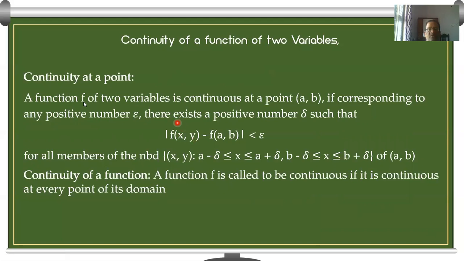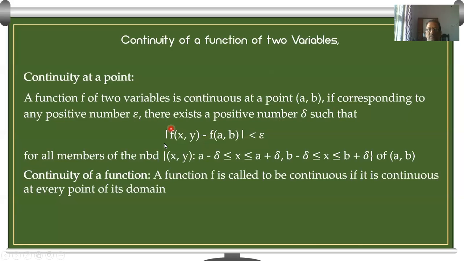A function f of two variables is continuous at a point (a, b) if corresponding to any positive number epsilon greater than 0, there exists a positive number delta such that mod f(x, y) minus f(a, b) is less than epsilon.